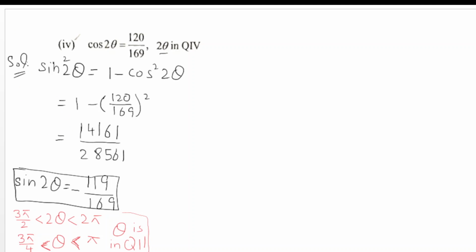Now, as we have to find sine theta, cos theta, and tan theta, let's move toward sine theta first. We know the double angle or half angle formula. I already solved how this formula comes, like a proof in the first part of that question.